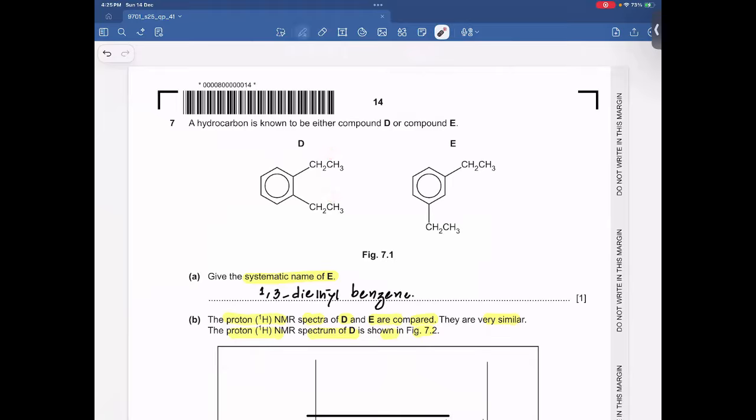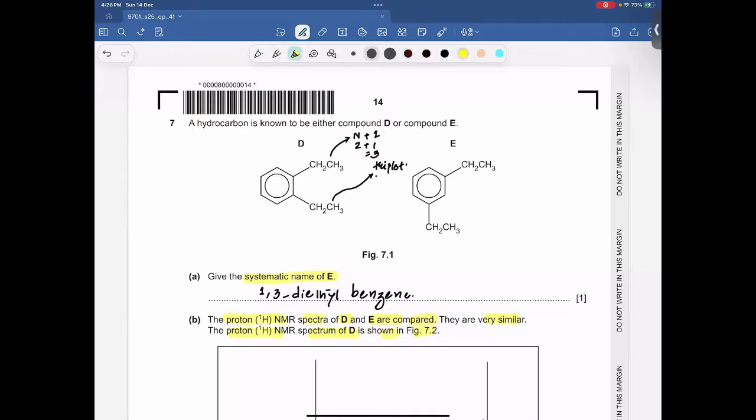Let me show you the N+1 rule here. Two hydrogen atoms are present on the neighbor carbon atom, so it's going to be a triplet. This is also going to be a triplet. So CH3 gives you a triplet.